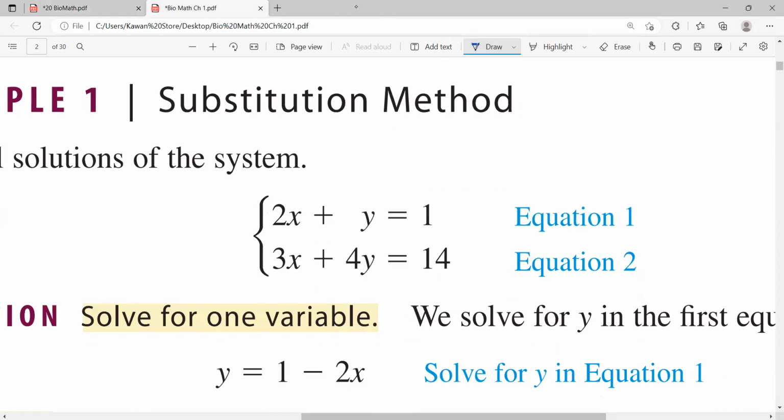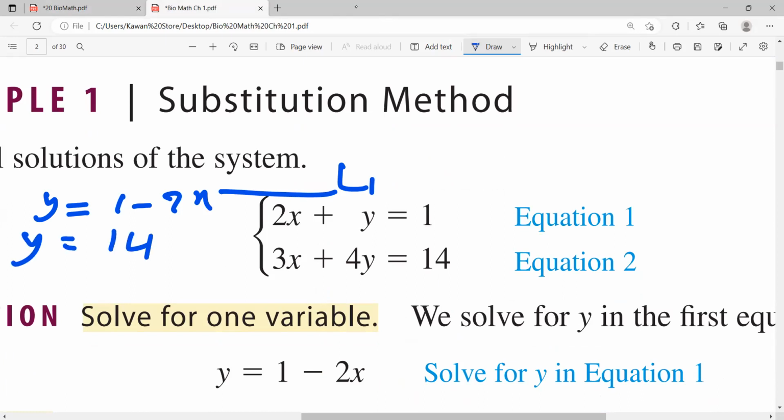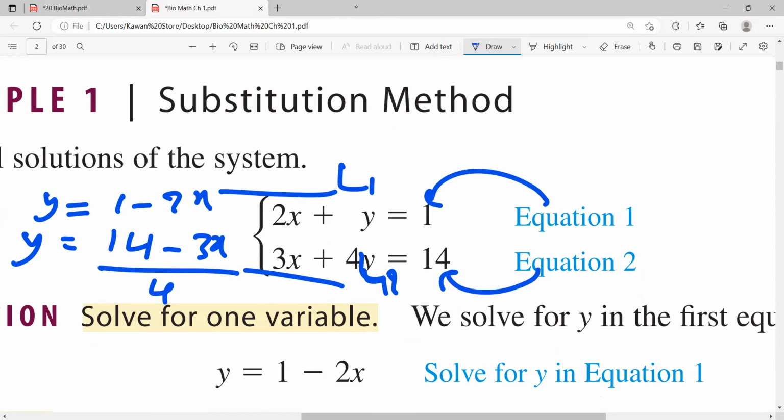I can write the first as y equals 1 minus 2x; let that one be L1, line number 1. Now I'm going to use the other one: y equals 14 minus 3x over 4, line number 2. Line number 1 is from equation number 1, line number 2 from equation number 2.